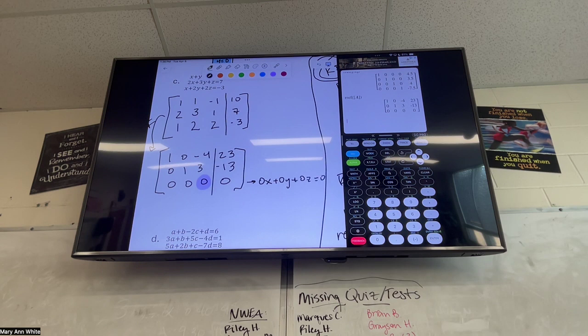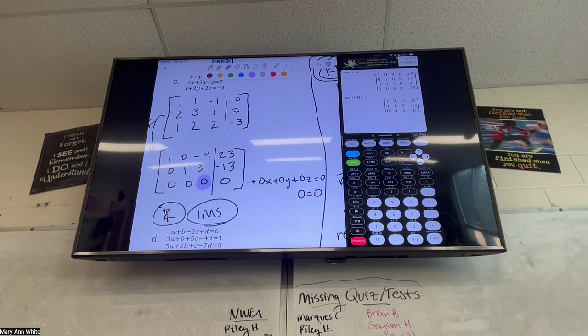What is 0x plus 0y plus 0z? It's just 0. If I have no x's, that's nothing. If I have no y's, that's nothing. If I have no z's, that's nothing. So that's 0 equals 0. What does that mean? All real numbers. We would do all reals, or we would do infinitely many solutions.